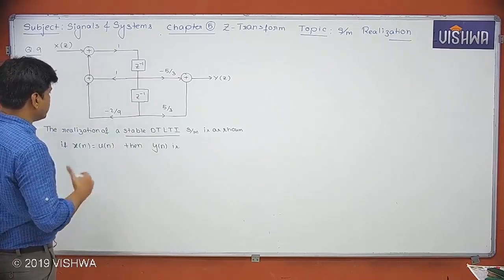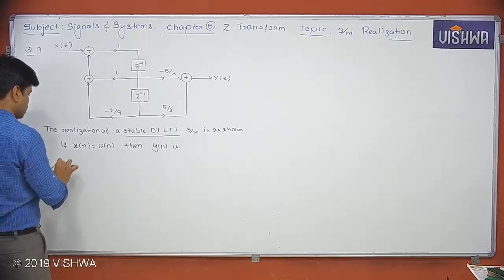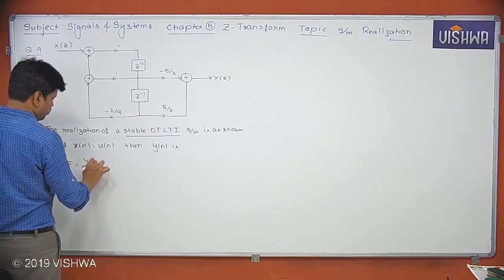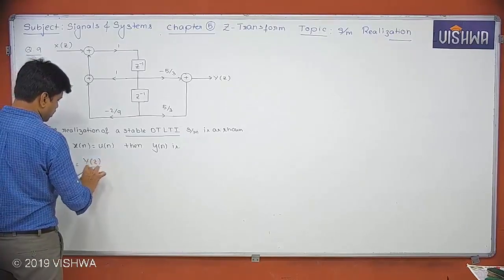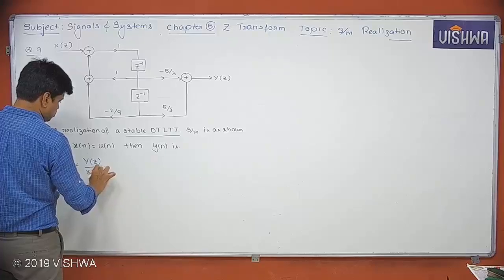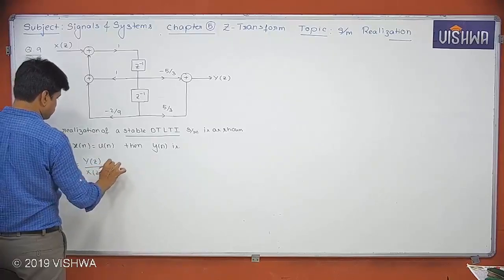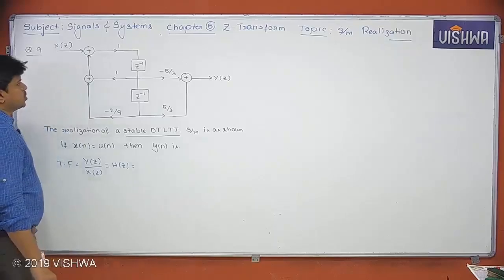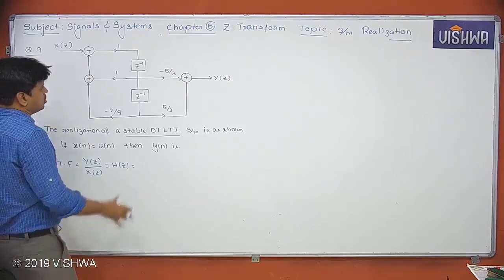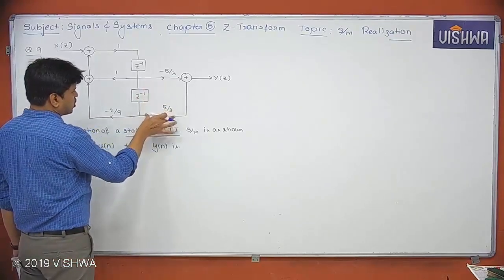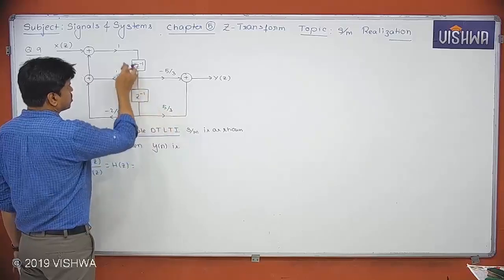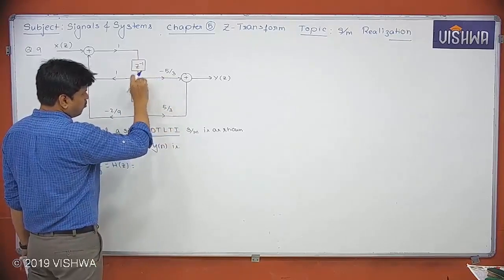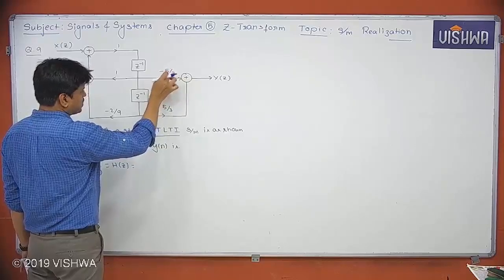So first find the transfer function. Transfer function is equal to y of z by x of z, that is h of z. So let's see. The forward block is used for the numerator, so we have z inverse minus 5 by 3. Because it is a forward path, we don't have to change the sign, we take the same sign.